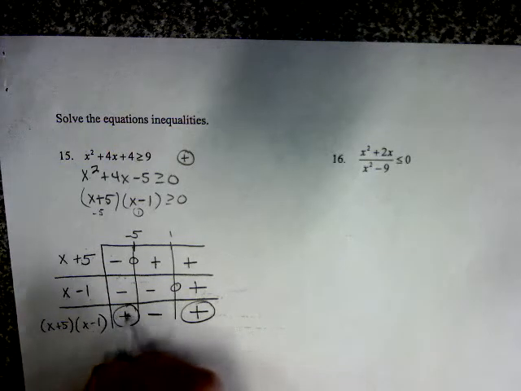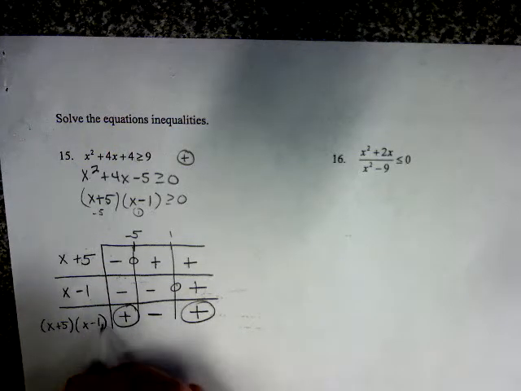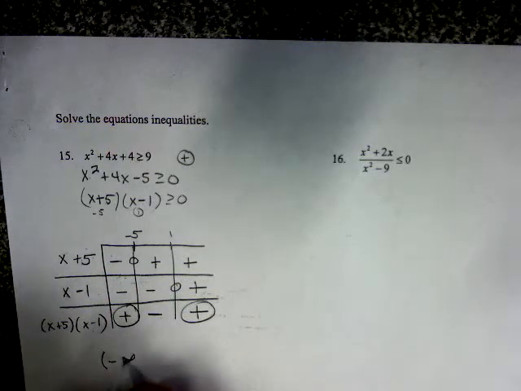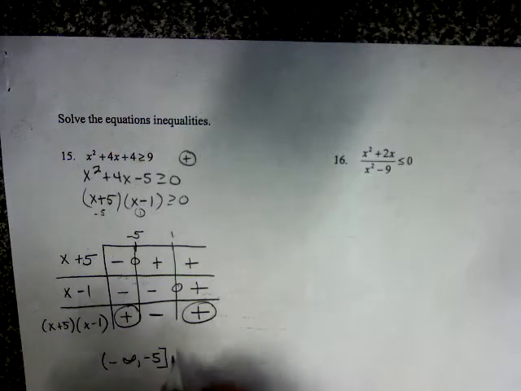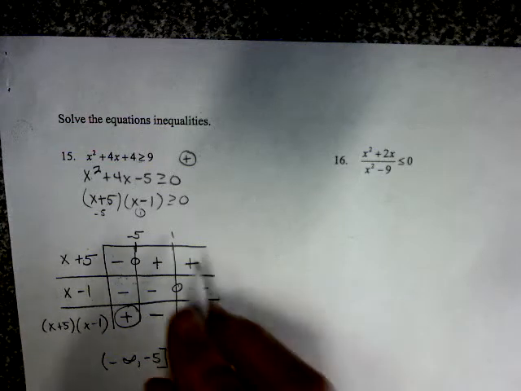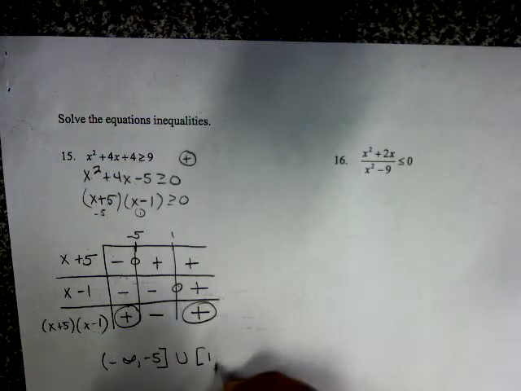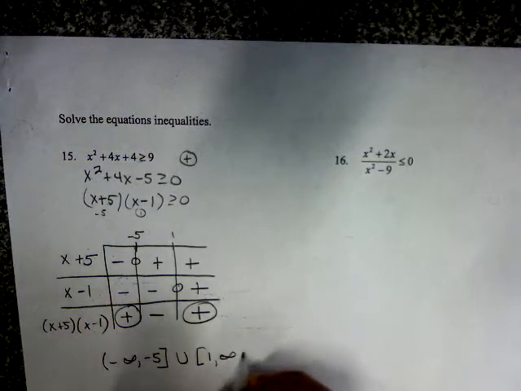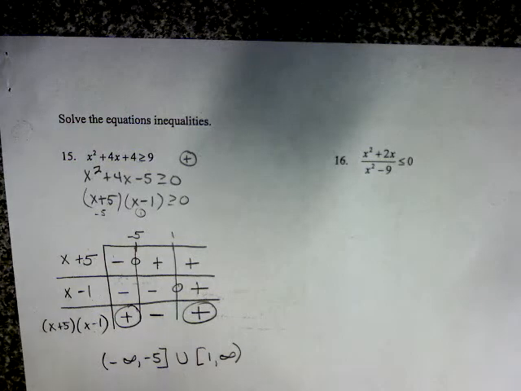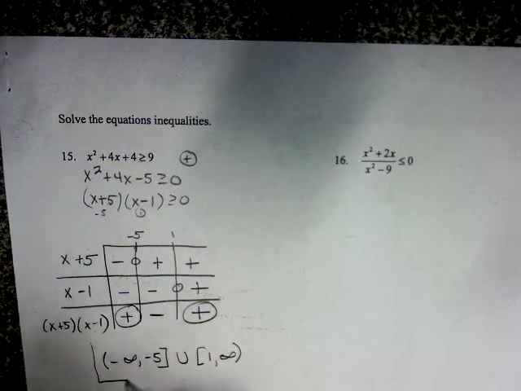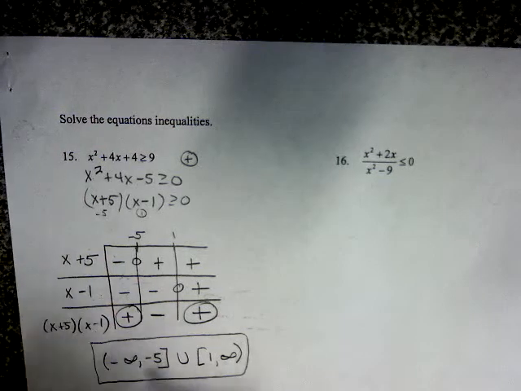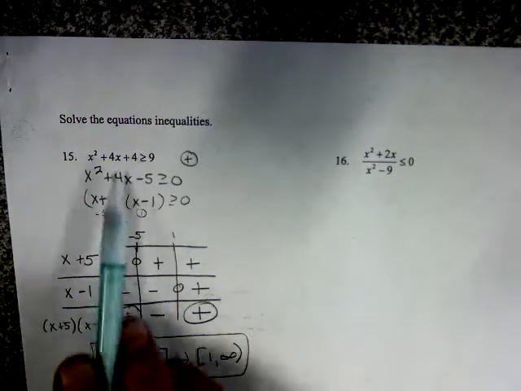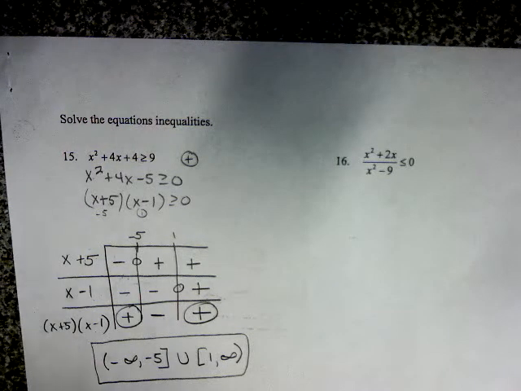So the interval that makes this inequality true is from negative infinity up to negative 5, including negative 5, with a union of 1, included because again it can be equal to the 0, and all the way up to positive infinity. Any of these numbers in these two intervals can be solutions to this inequality.